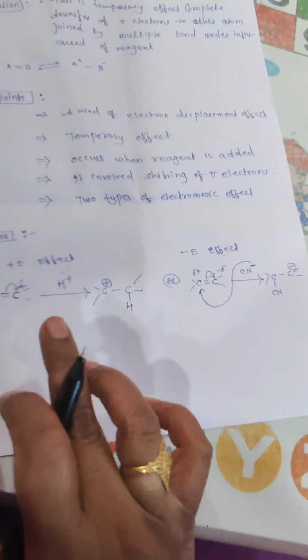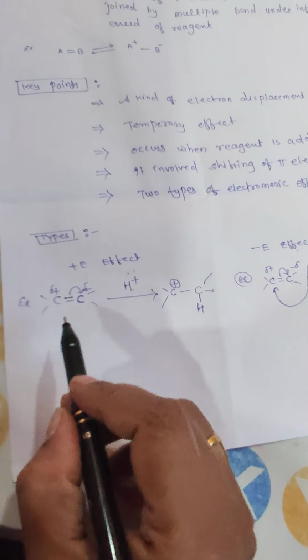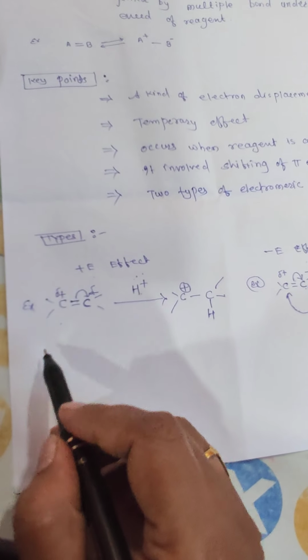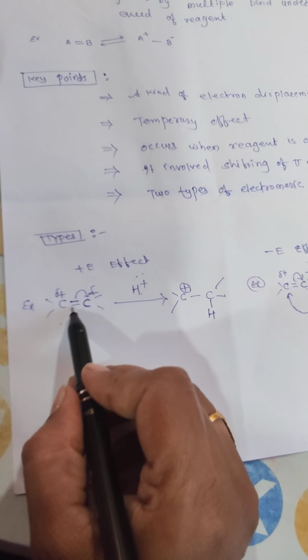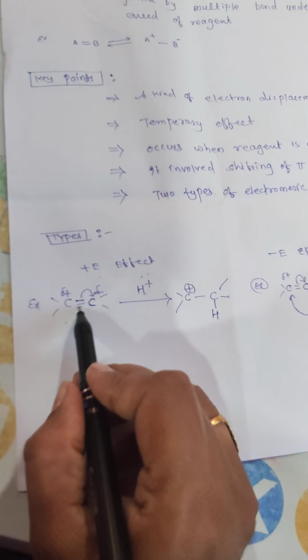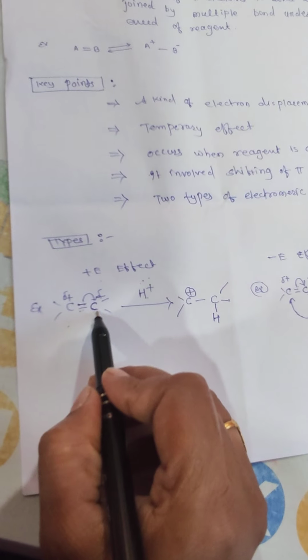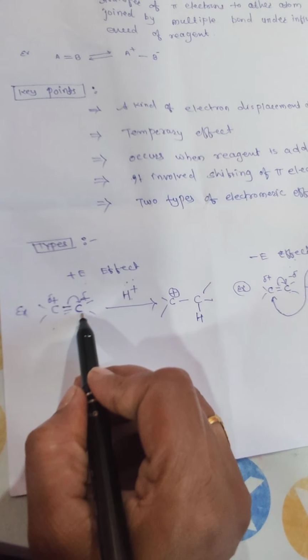How do I explain this plus E effect and minus E effect? What happens here? In the plus E effect, the pi electrons of the multiple bond are transferred to that atom to which the reagent gets attached.